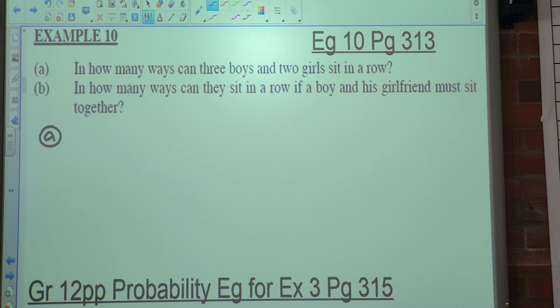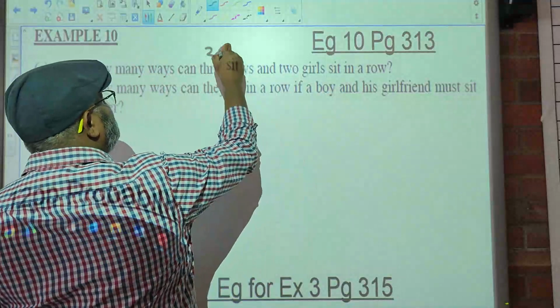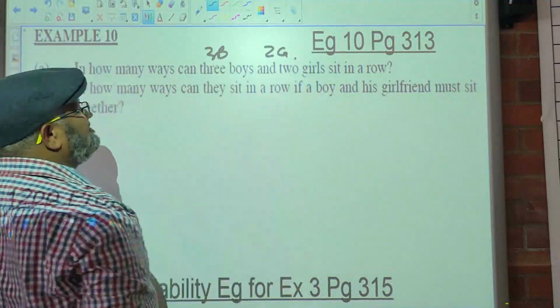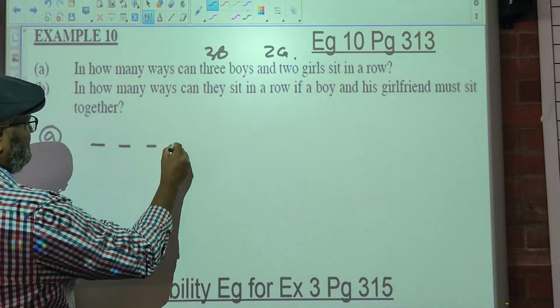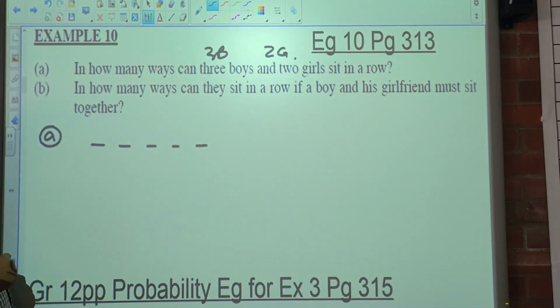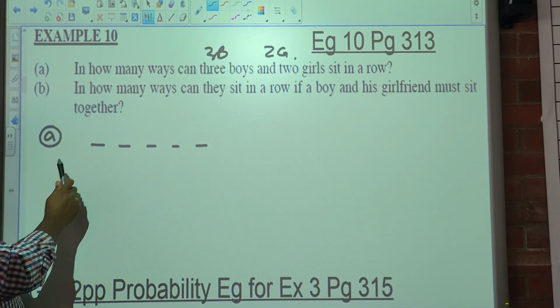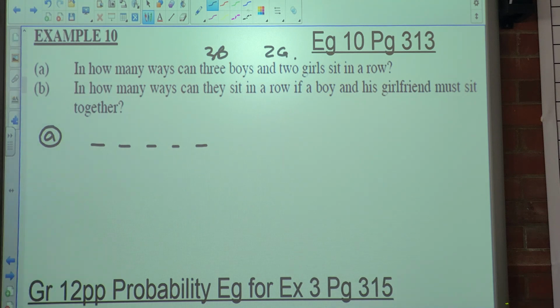Right, so let's go. In how many ways can 3 boys and 2 girls sit in a row? How many seats do I draw? 5. Why? 3 boys, 2 girls. So it's 5 people in total. They're not going to share a seat. 1, 2, 3, 4, 5. So how many options do I have for the first one? 5.